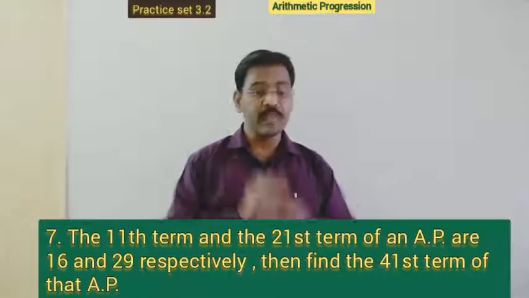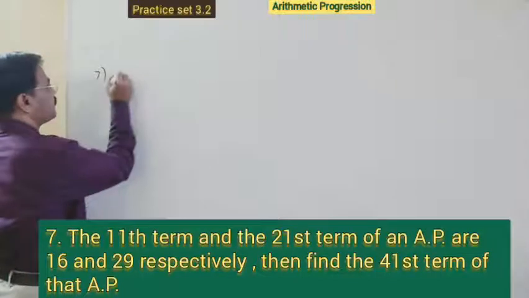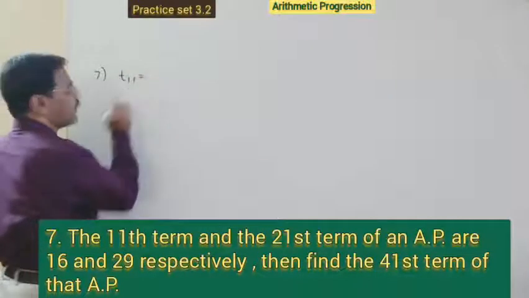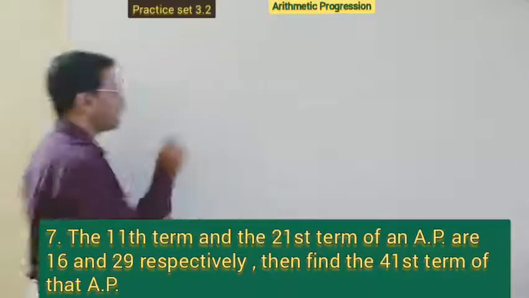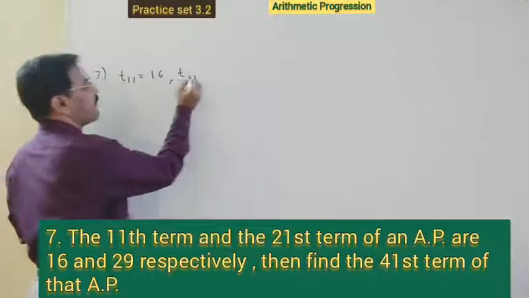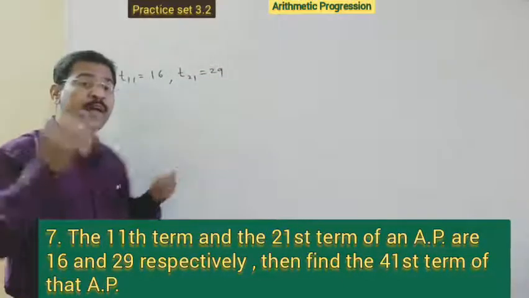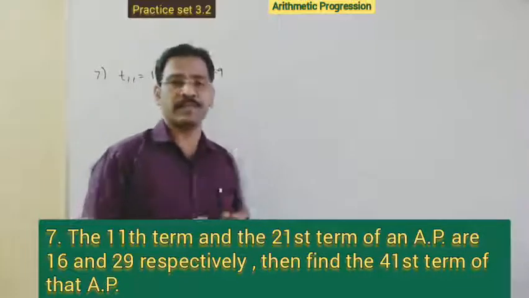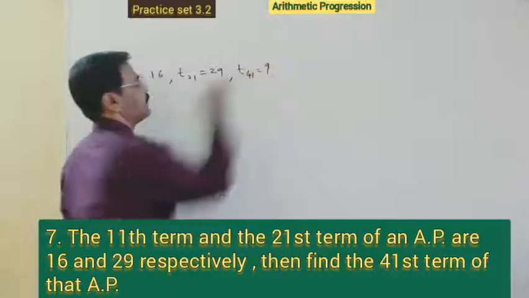Look friends, what is given to us? The 11th term and 21st term are given, 16 and 29. Now from all these we are going to find the 41st term, means T41. It is very important.